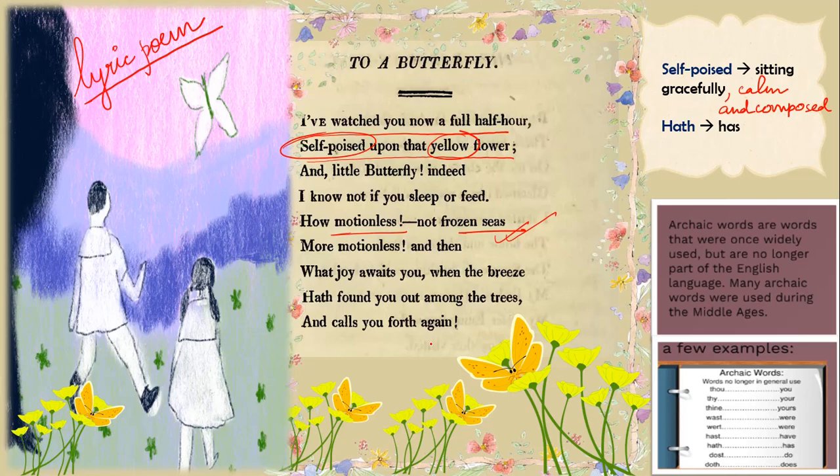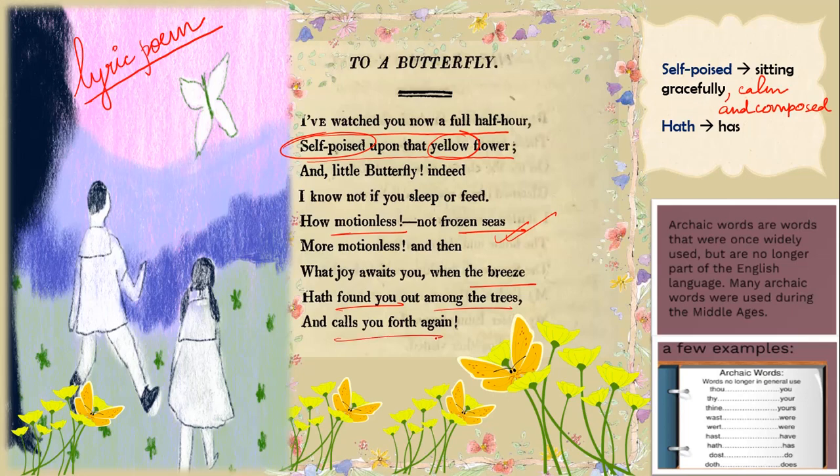So the poet is saying that the butterfly will be very happy and full of joy when it feels the breeze on its wings, and the butterfly will get the message that the breeze wants it to fly again. So he is wondering what joy the butterfly will get if the breeze finds it among the trees and once again calls the butterfly to join him, as if they were playing a game of hide and seek.